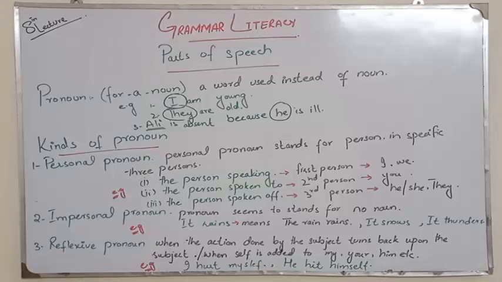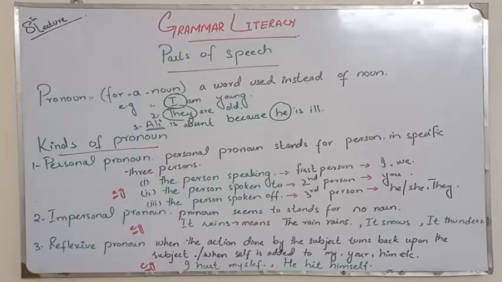So it stands for no noun, there is no specific noun about which we are talking, but we can understand the meaning from the short sentence, which is just a noun plus verb. In the third lecture, we talked about the most possible expressions. Here it is a noun and verb expression. So we understood what is called rain. "It rains" means we are talking about the rain rains.